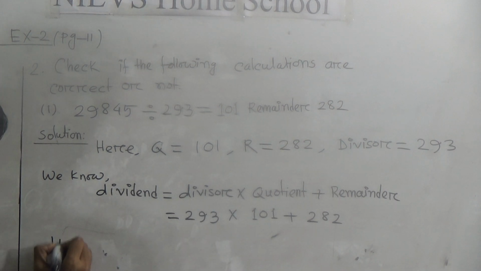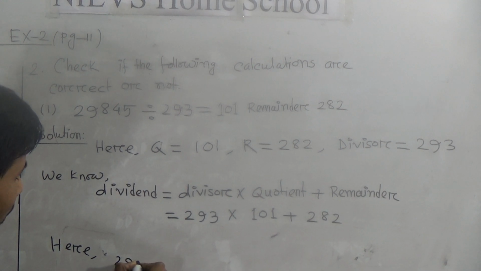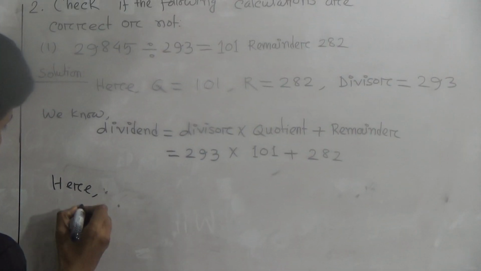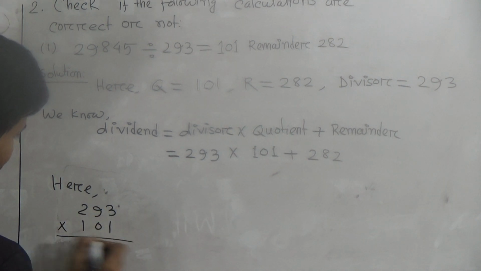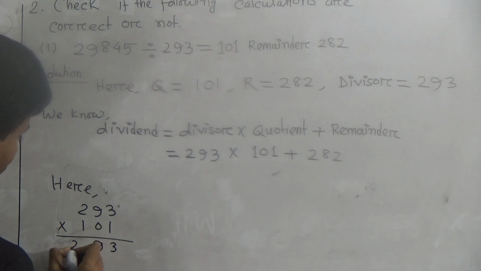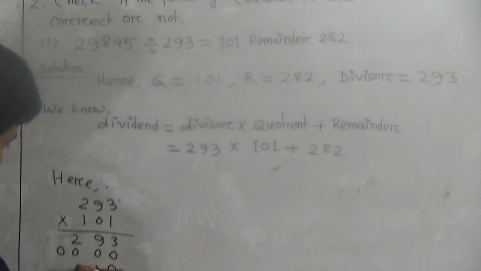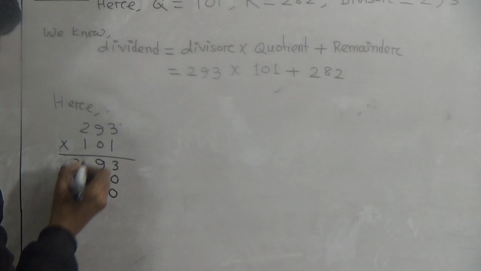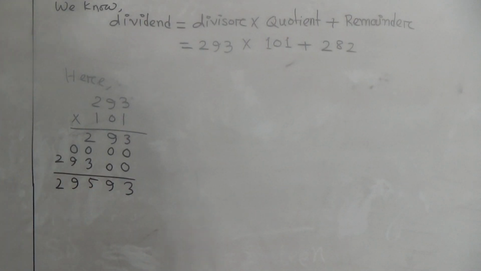Right here, that means this is the rough work. 293 into 101, 293, 0 0 0, 29300.